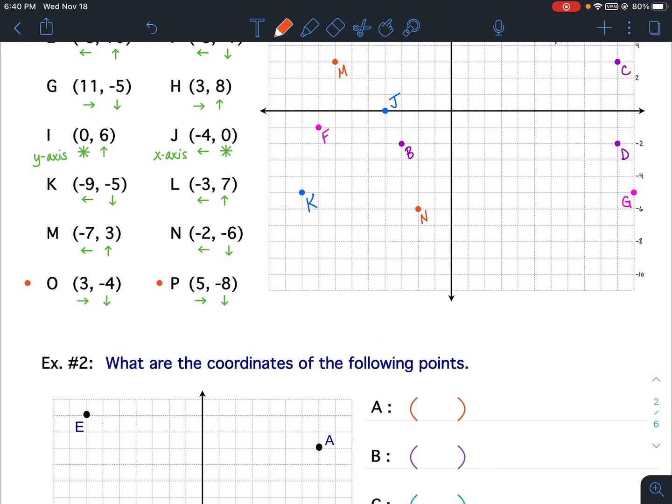Two more. O is to the right 3 and down 4. So starting at the origin, 1, 2, 3, down 1, 2, 3, 4.